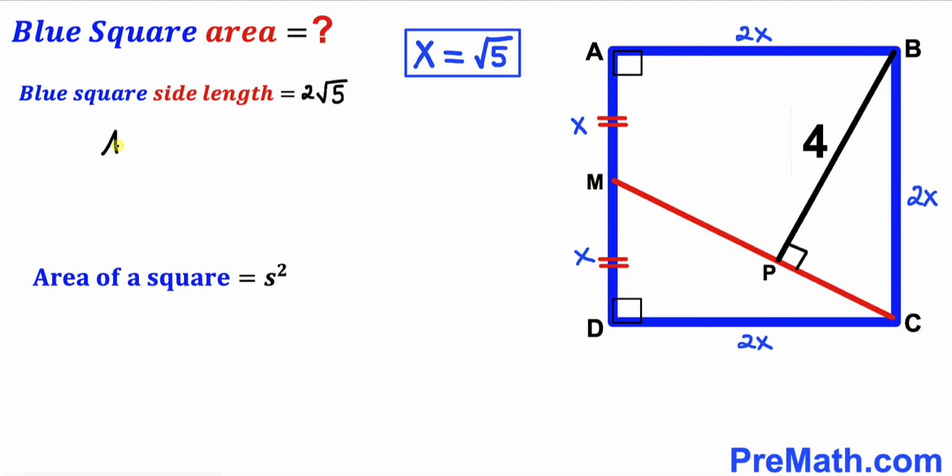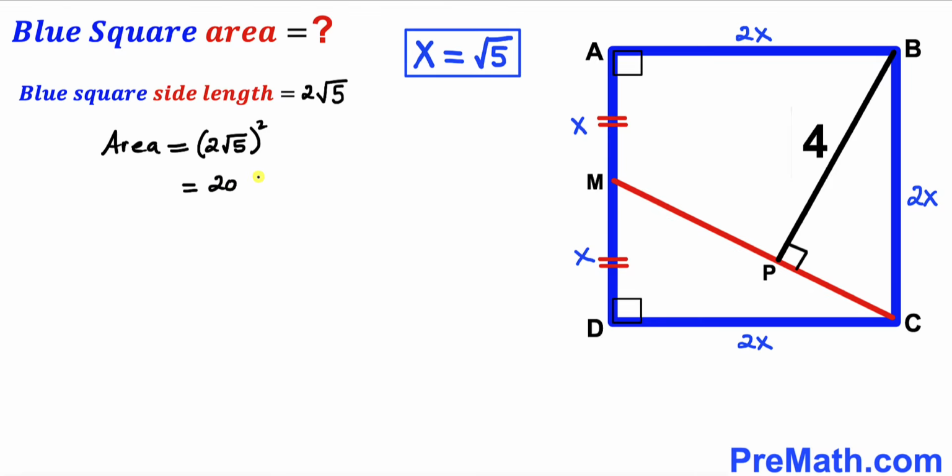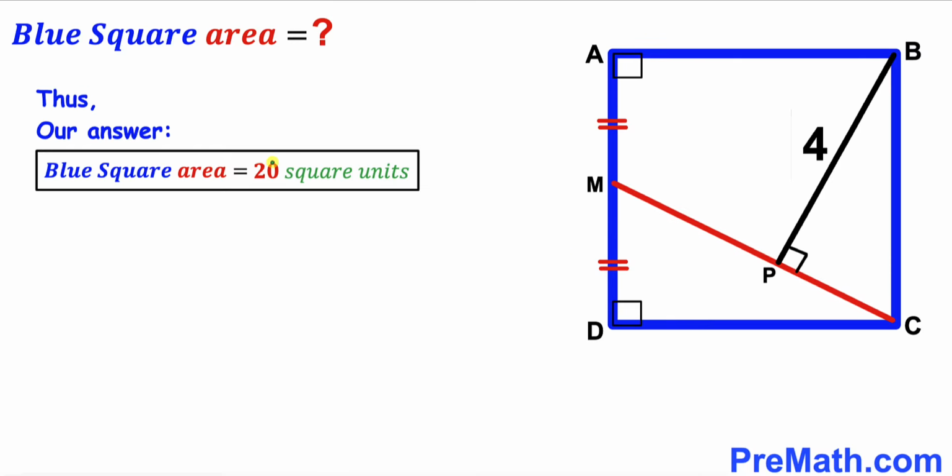So the area of this blue square is going to be (2 times square root of 5) squared. The right hand side is going to become 20 square units. Thus the area of this blue square ABCD turns out to be 20 square units, and that's our final answer.